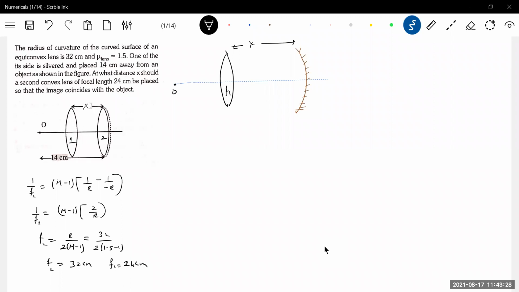So this silvered lens we should now replace with a mirror of effective focal length f. So what is the effective focal length? 1/f equals... can you remember? It should be negative only. Some books give positive, but it should be negative only.